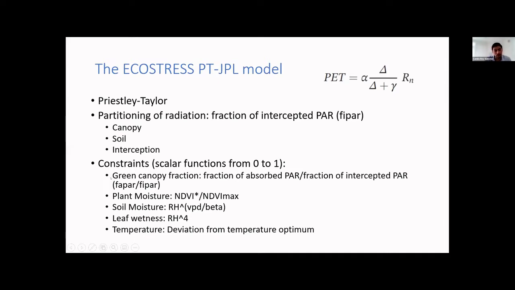For today, I'm going to focus on this one here, the green canopy fraction, that is calculated as the fraction of absorbed PAR over the fraction of intercepted PAR. It's basically telling us how green the canopy is. I'll be showing some details about these measurements later on, but today I won't be talking much about the other constraints.